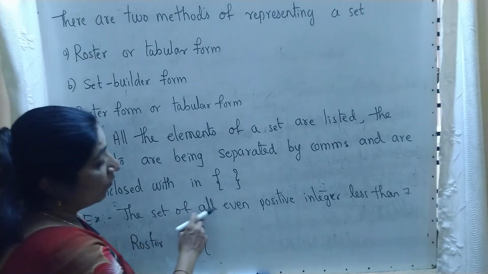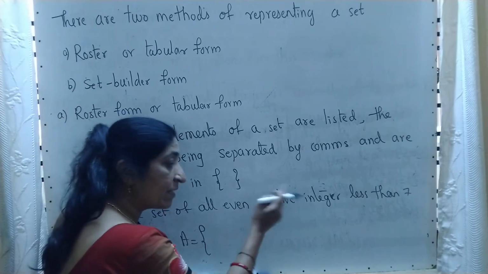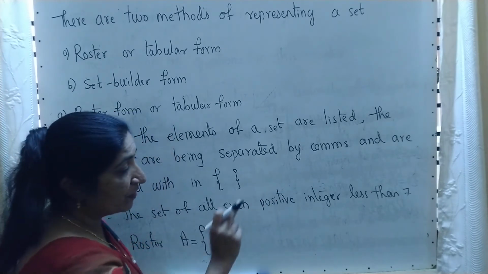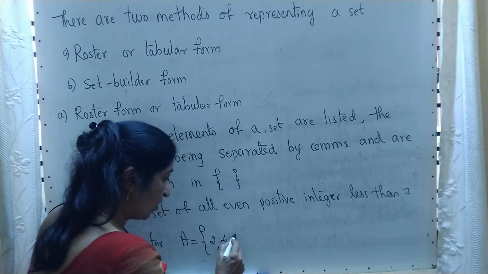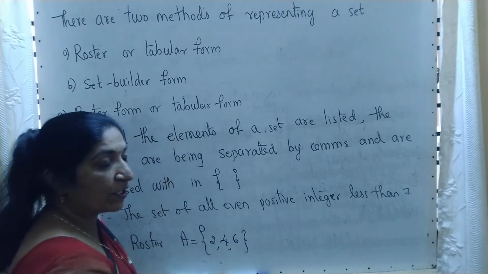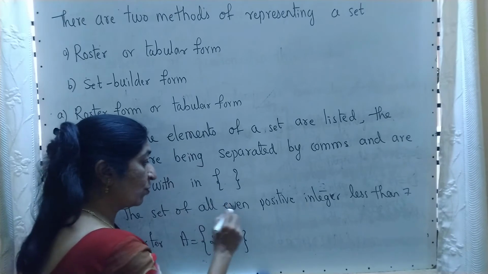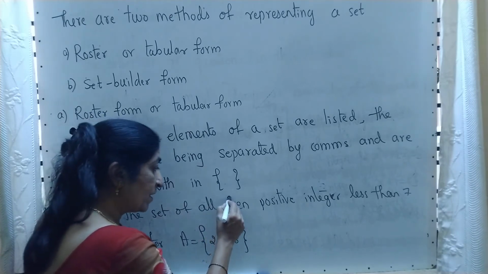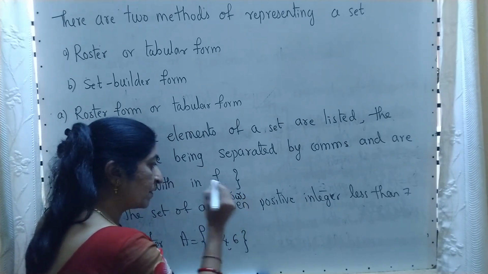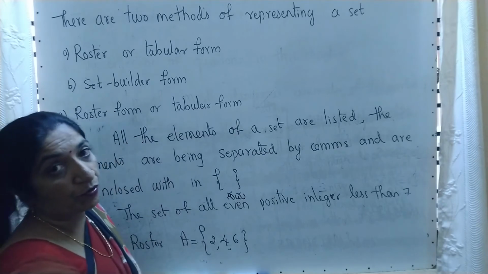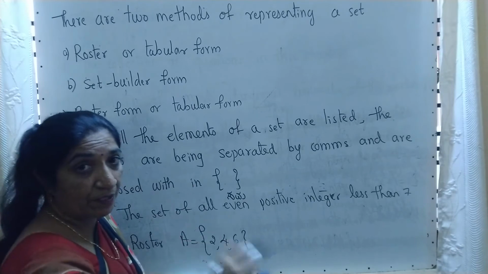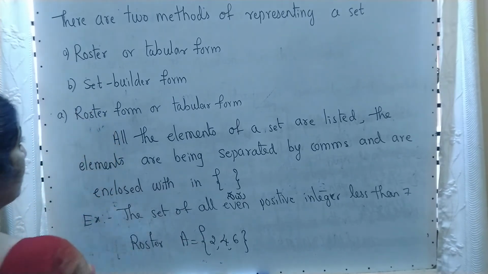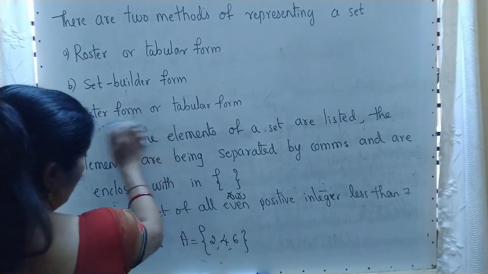The set of all even positive integers less than 7. So A = {2, 4, 6}. And remember students, for a Kannada medium student, don't worry. Even means it is sama, positive means dhanatmaka, sama dhanatmaka integers, values, numbers you have to write. So now, is it simple or what?